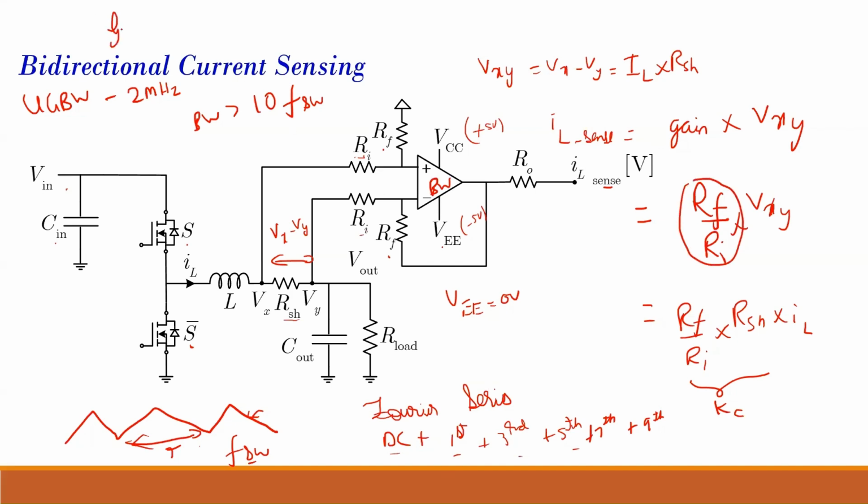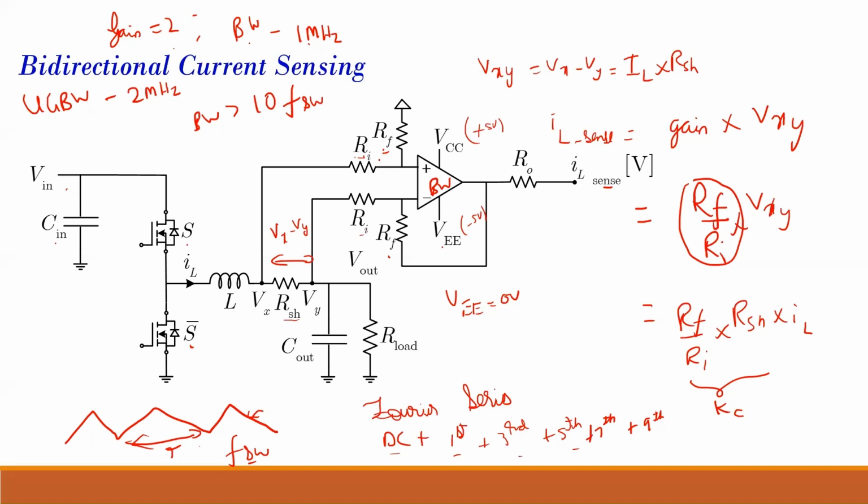If I make my gain 2, then the new bandwidth of my op-amp will only be 1 megahertz, because the gain bandwidth product, 2 into 1 megahertz, is fixed by the design of the op-amp. So if I increase the gain to 2, the bandwidth of the op-amp can reach a maximum of only 1 megahertz. That is another important consideration you must take into account.